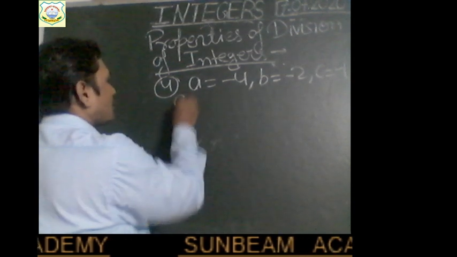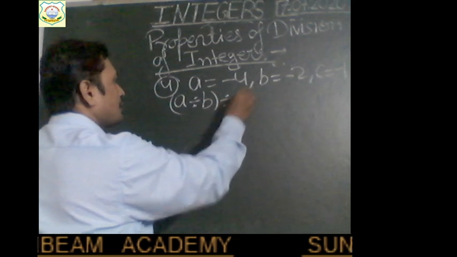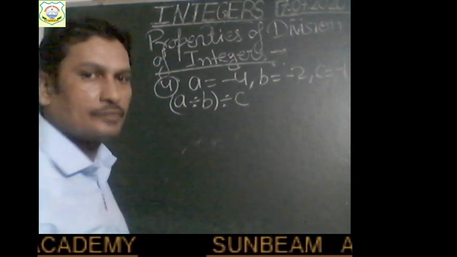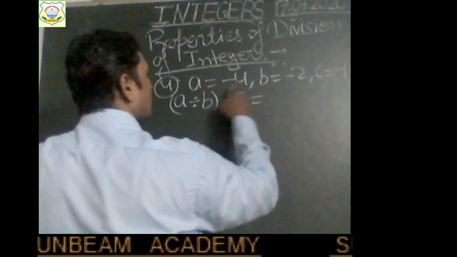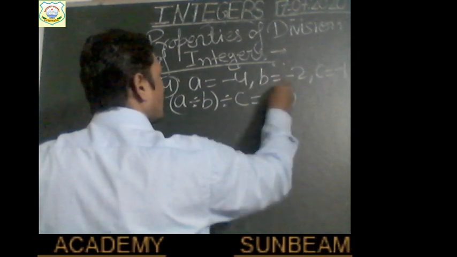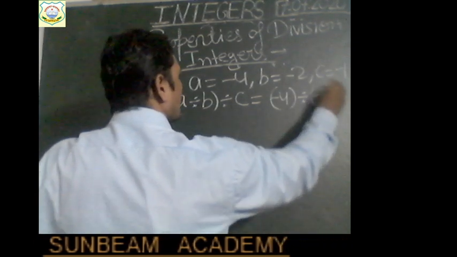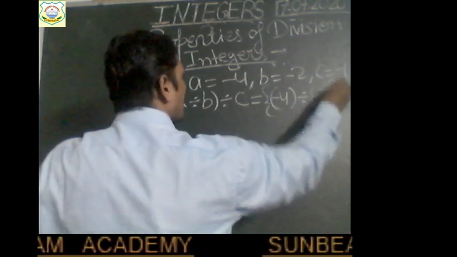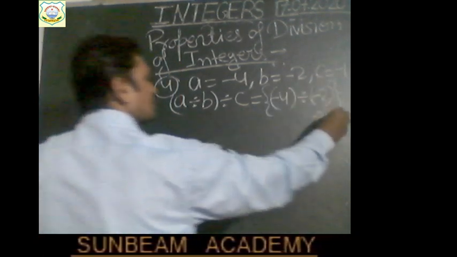Now we have to find the value of a divided by b and whole divided by c. So what do we get? Value of a is minus 4 divided by value of b is minus 2. And this whole is divided by value of c, which is minus 1.